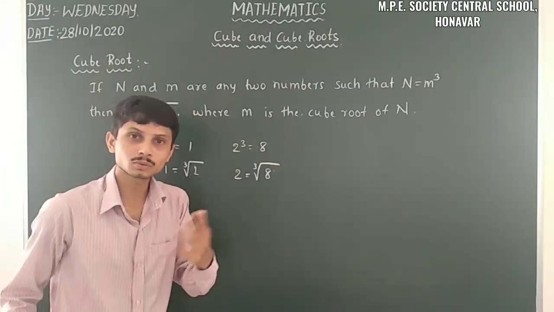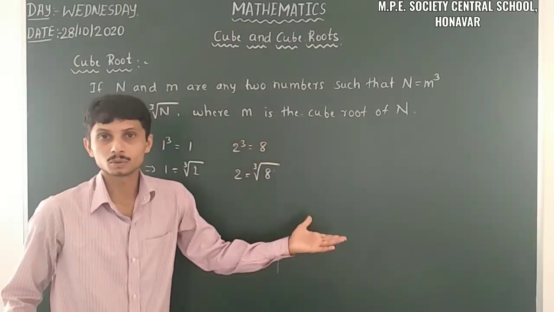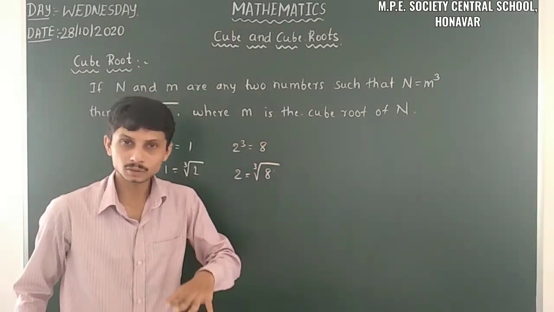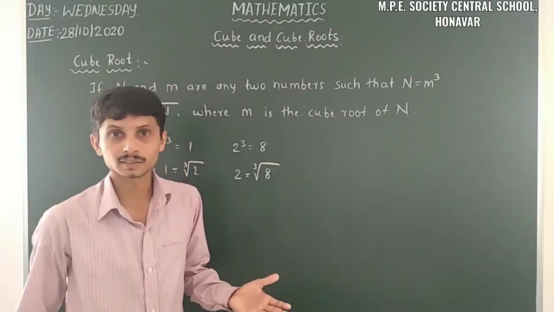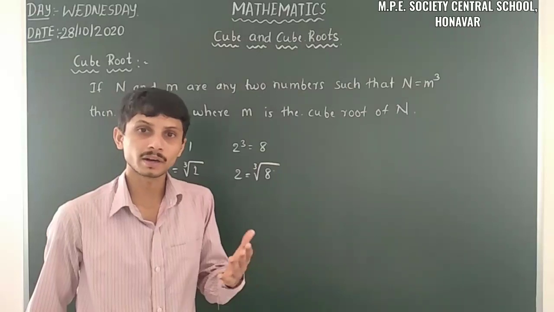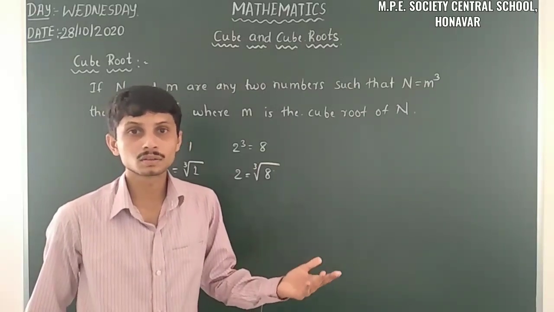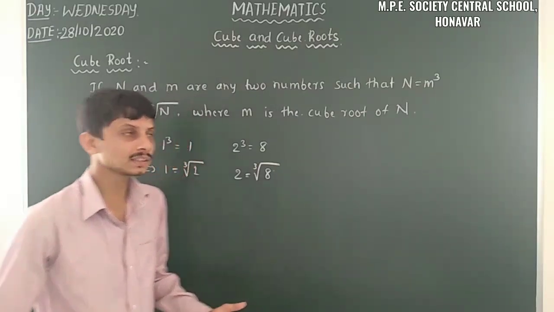Likewise, square and square root, here it is cube and cube roots. We already know finding the square root through prime factorization. Here also we have to take finding the cube root through prime factorization.